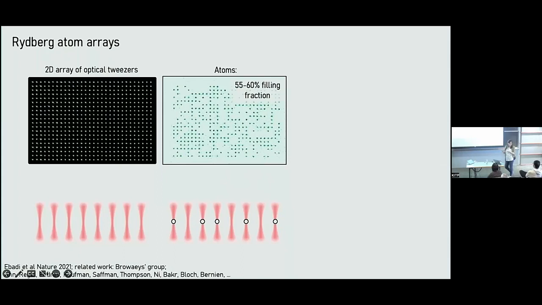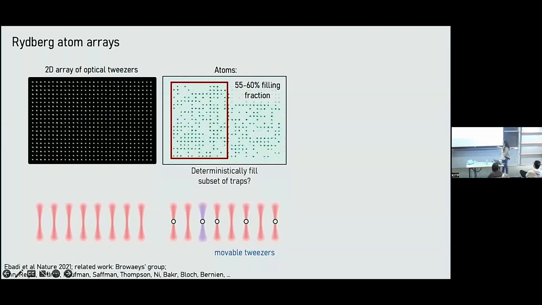Now, of course, if we want to do anything useful with this, we would like to create an ordered array. So the question here is, can we deterministically fill a subset of these traps? To do that, we use a second set of tweezers that are movable. Here the colors are not helping me a lot, but we have a second tweezer superimposed with this one.